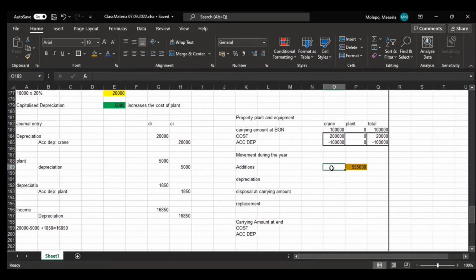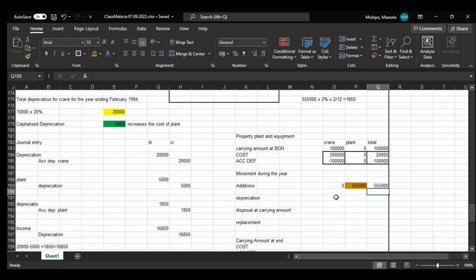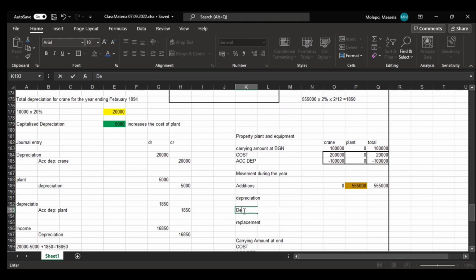Now, we didn't have addition for crane. Then the total here will be 555. Then depreciation. Depreciation for the year in terms of a crane is how much? I think it's 15,000.